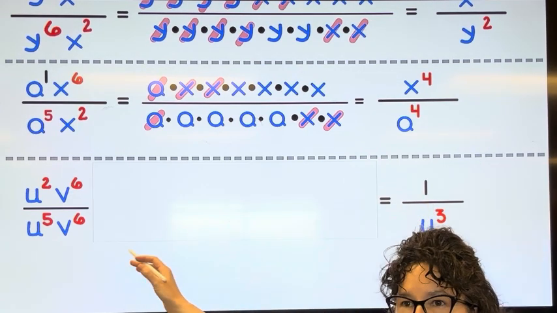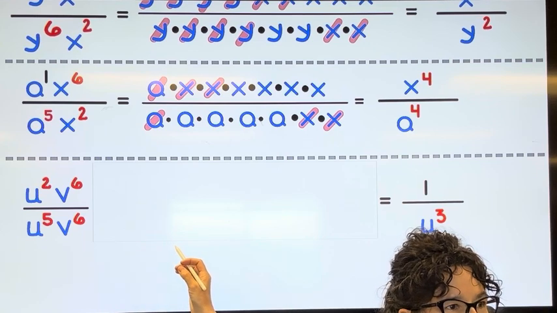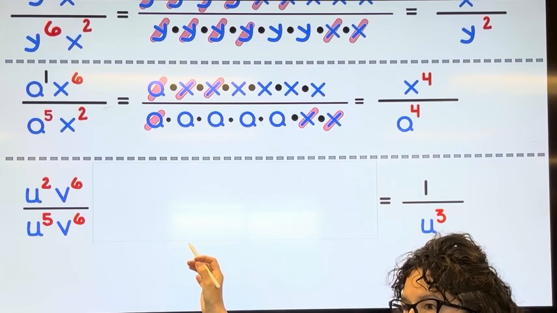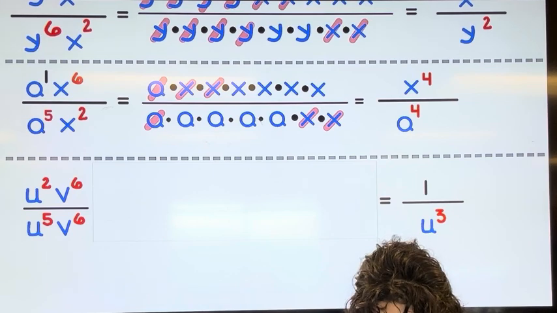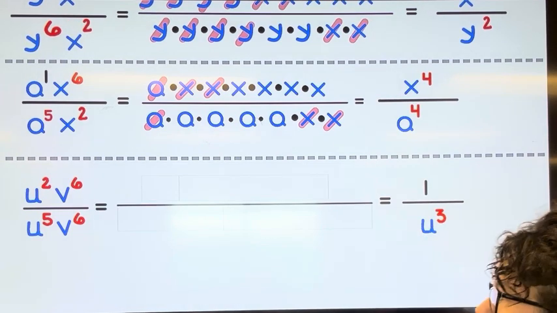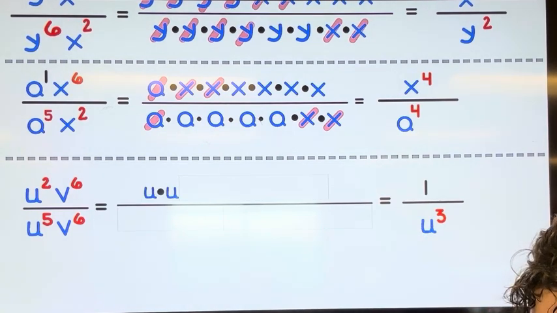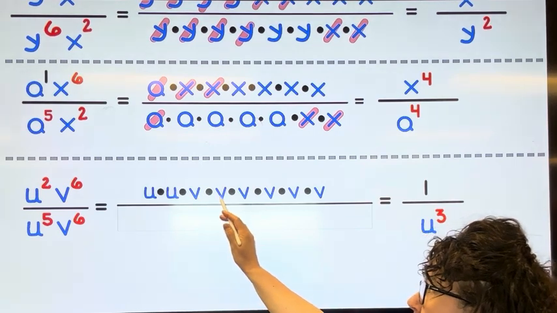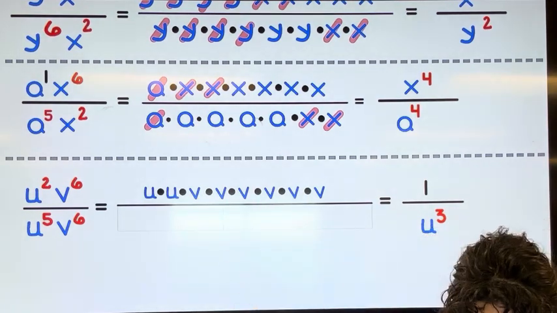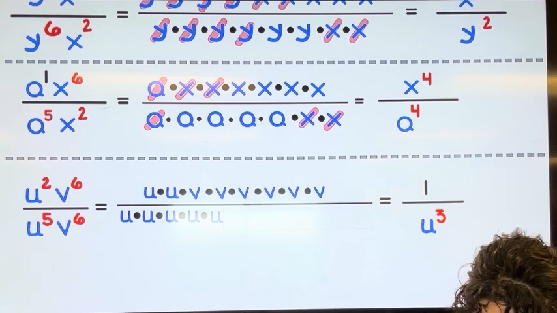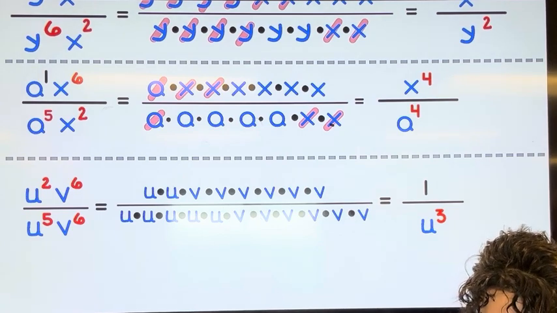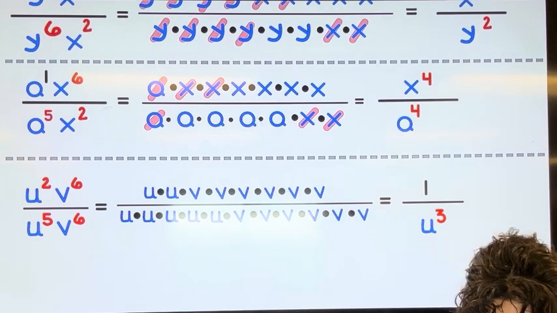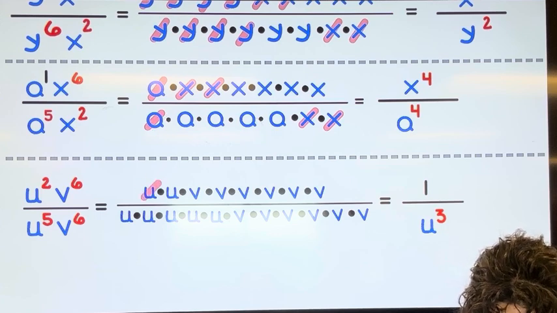So this is a problem where you're like, oh, I'm not sure what's going on. The rule is confusing me. So you might have chosen to expand. U squared is u times u. V to the sixth, 1, 2, 3, 4, 5, 6, over u to the fifth times v to the sixth. And then start canceling all of these out. So here's my u and my u, this one and this one.